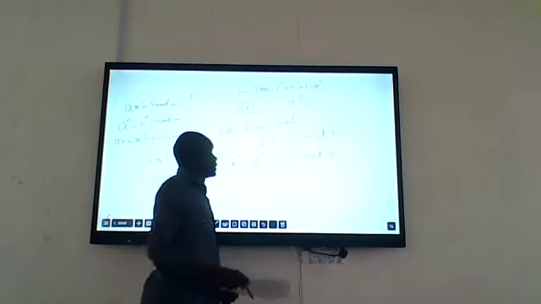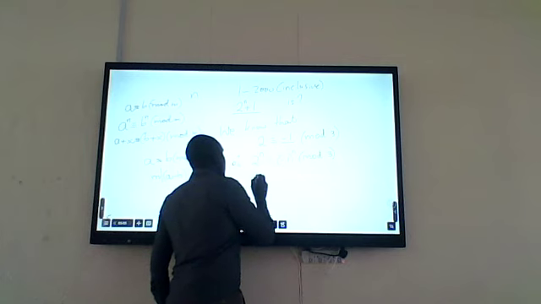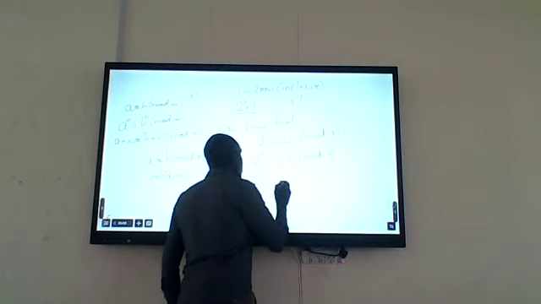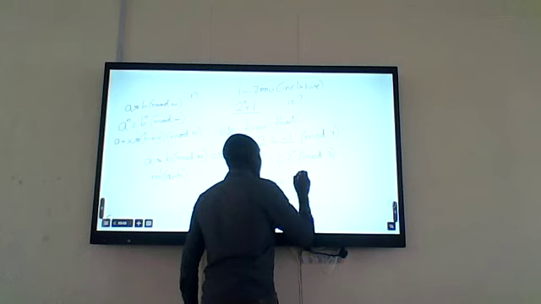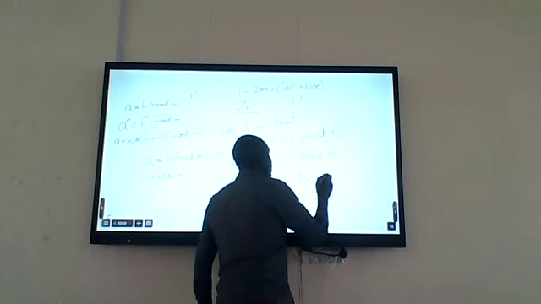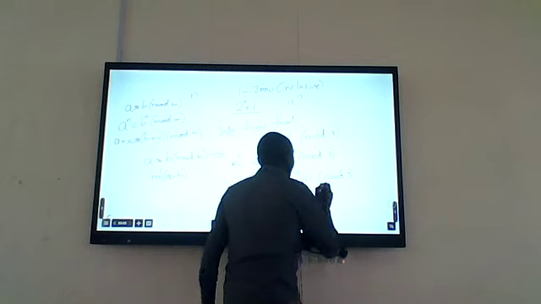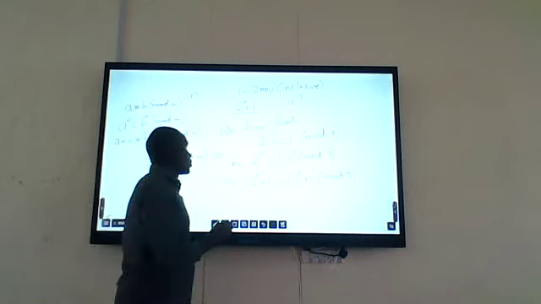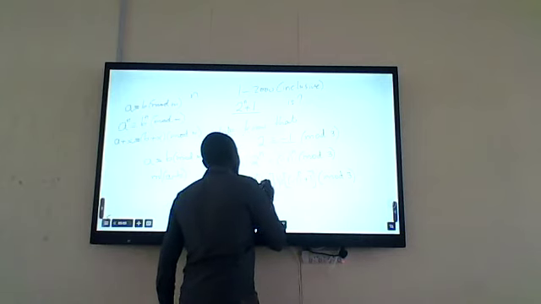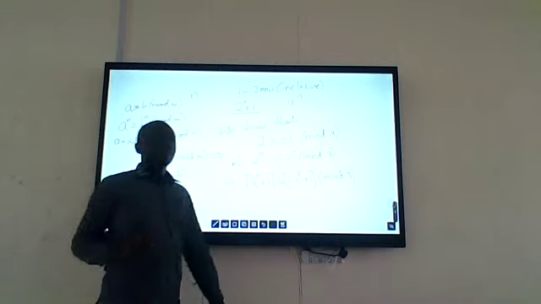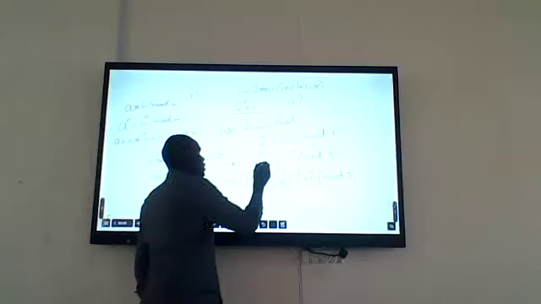So 2 power n plus 1 will be congruent to (-1) power n plus 1 mod 3. It will still be a true congruence relation because we have added the same integer on both sides of the congruence relation.